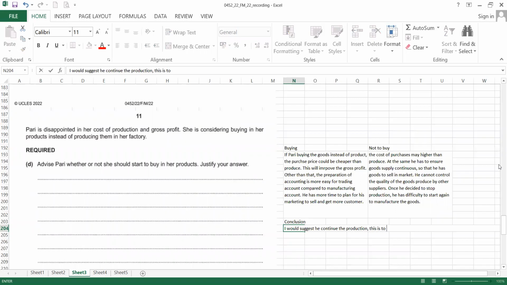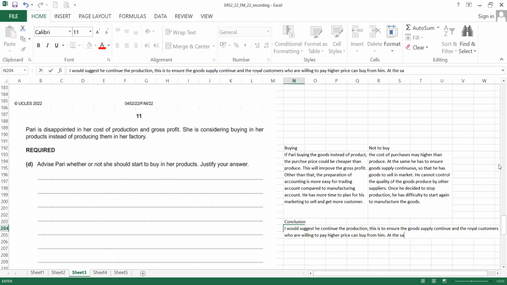This is to ensure the goods supply continues, and he will have loyal customers who are willing to pay higher price can buy from him.